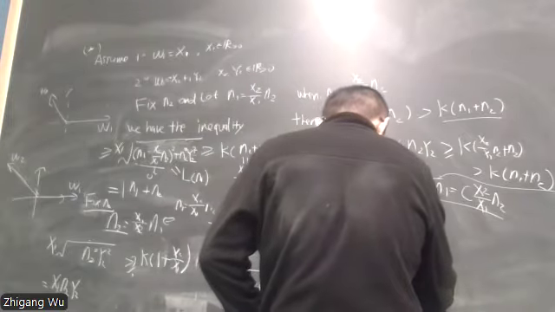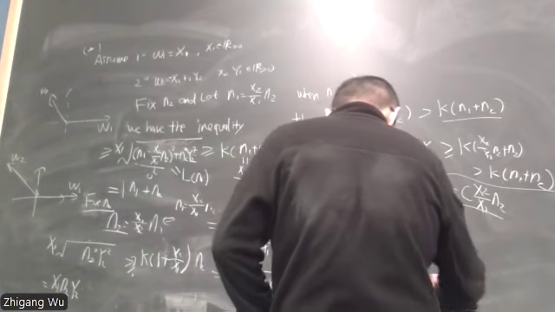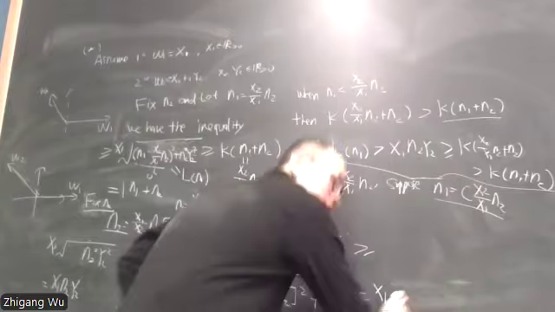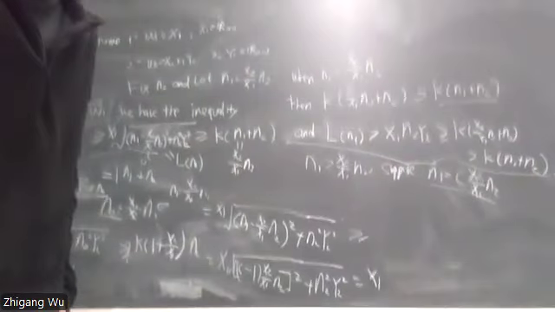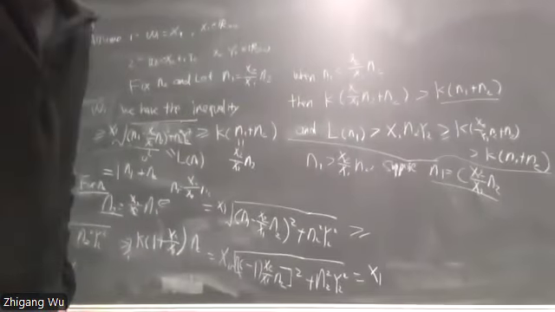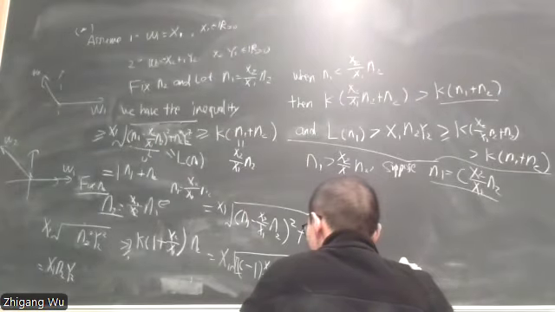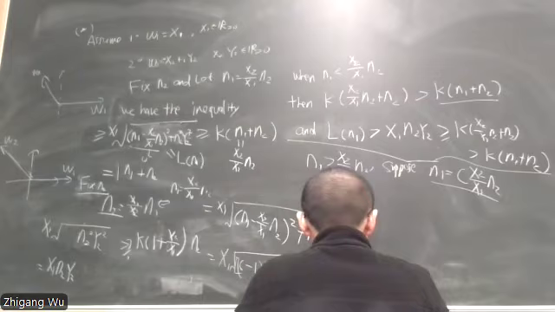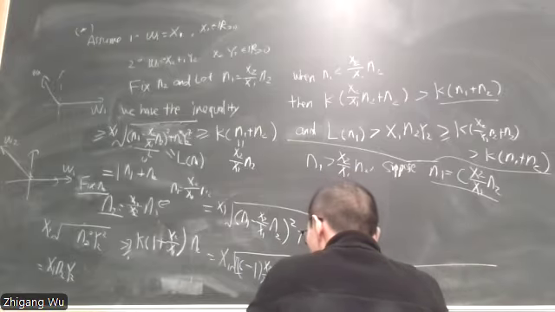So we have x1 times, you factor the n2 out, and then you take the square root over.